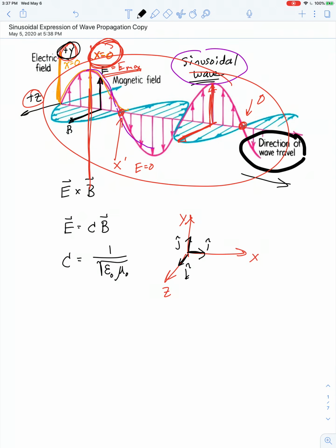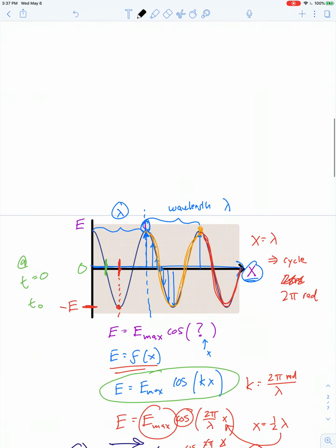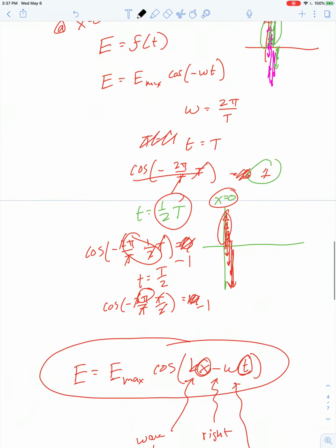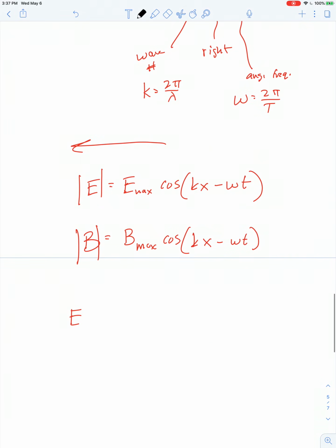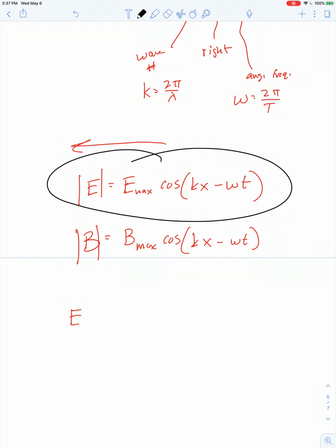So because our electric field is oscillating along the y-axis, I can take the expression for the magnitude of the electric field, and if I just multiply it by 1, I haven't changed anything, but the 1 that I want to multiply it by is j hat, so that I can express that it's oscillating along the y-axis.